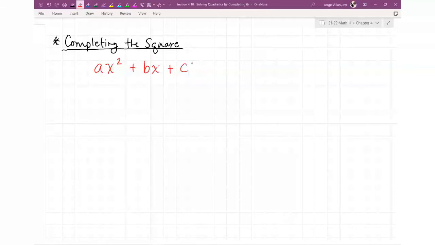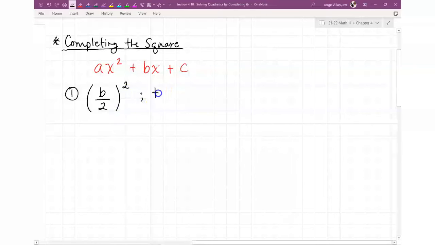So the very first step you want to do is get your b value, divide it by 2, and square it. Whatever your b value is, you divide it by 2 and square it.